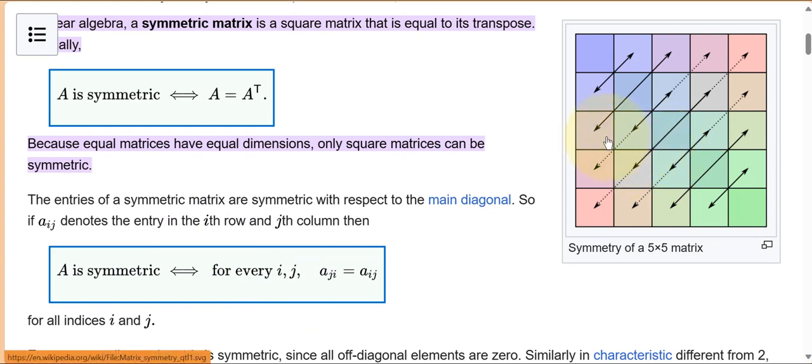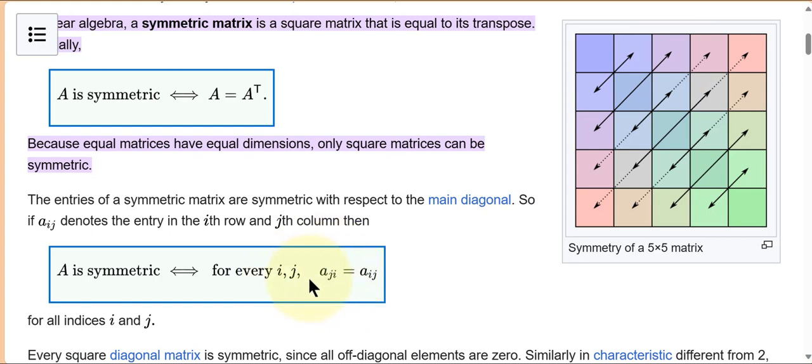If you compare this element to this element, this would be Aij, for example, then this would be Aji. So we can say that Aji is the same as Aij for every i and j.